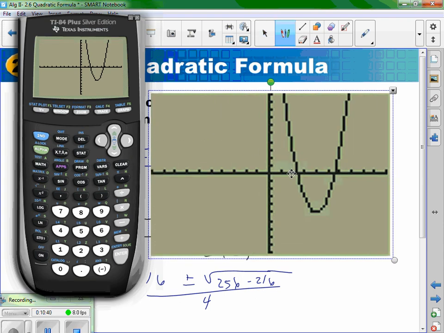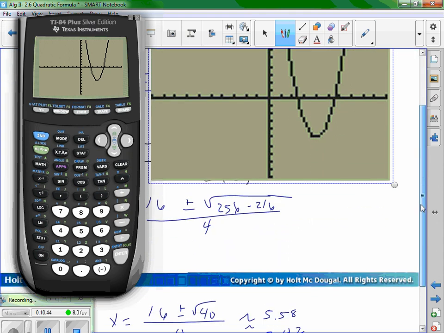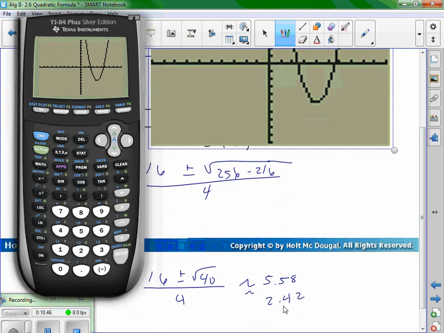Where does it cross? In between what and what? Between 2 and 3. Wouldn't that be this one? Where's this one cross? 1, 2, 3, 4, 5, and 6. It crosses in between 5 and 6. So I know I did my work correctly. These zeros match up with these zeros here. Are we okay? I know it's a little bit much at first.